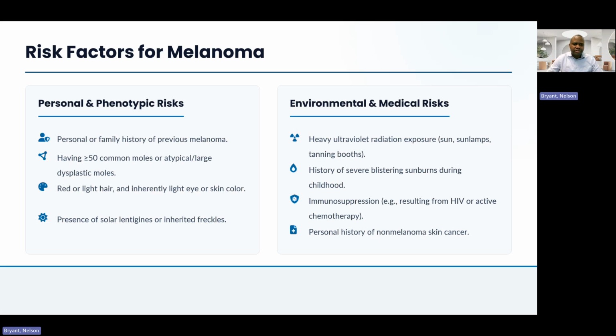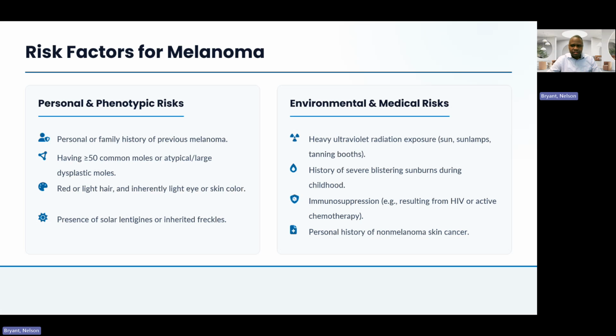So some of the risk factors for melanoma, most of the time it's genetic, but also sun exposure, family history, and other minor risk factors such as fair skin, red hair, and childhood sunburns, but that's a major risk factor.